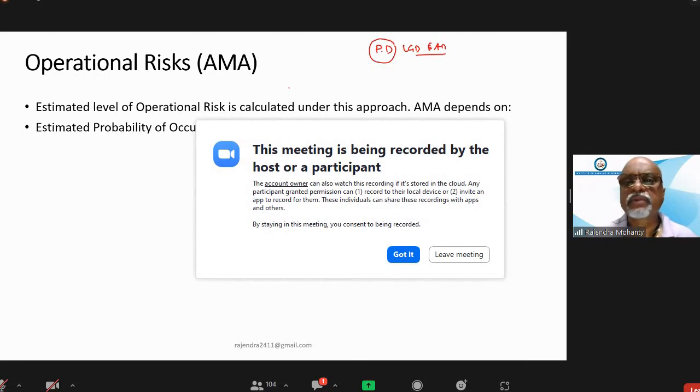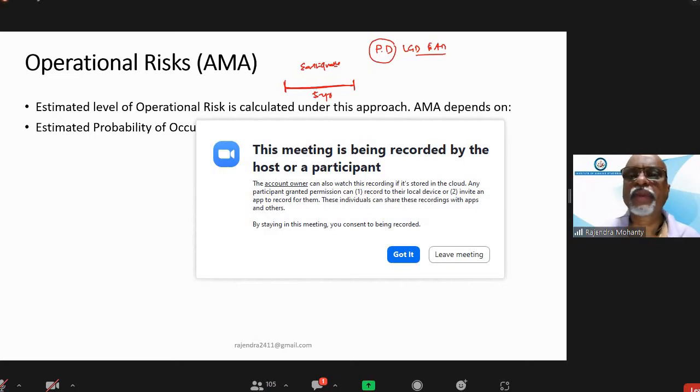Means suppose last 10 years historical frequency, say last 5 years, the bank has taken some data that in the last 5 years in India, if you take the earthquake, there was no major earthquake which has created damage to buildings or anything in India.